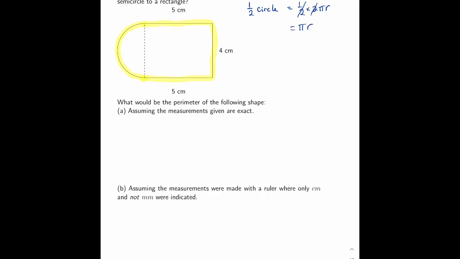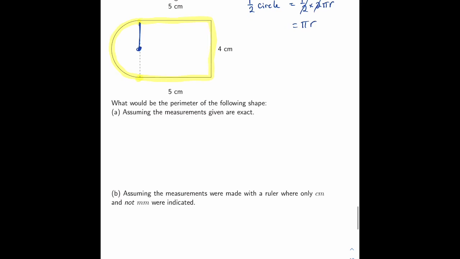In this particular instance, my r is the radius, which is half of this side length, and the side length is 4, so this would be 2. So this would be 2 pi.